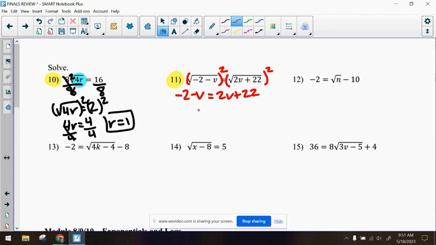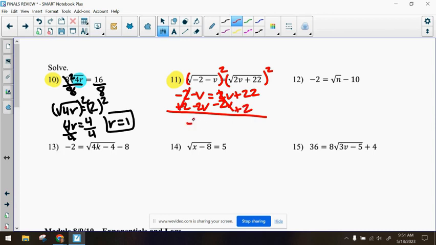So if I were solving this one, I would start by subtracting 2v on both sides. So those will get rid of the v's on this side. And then I'm also going to add 2 over here.